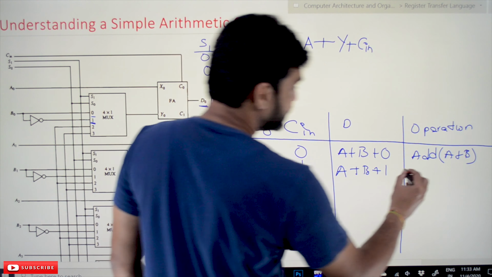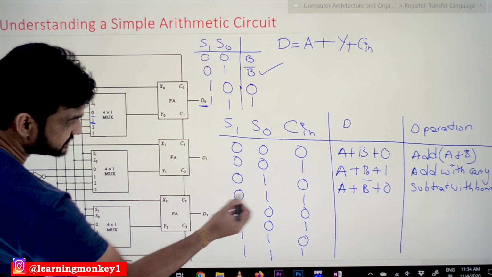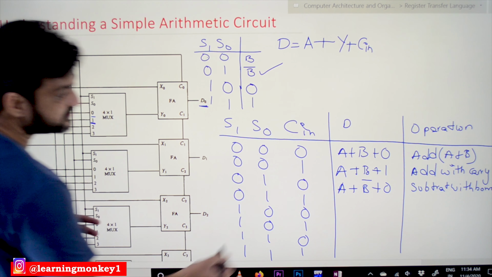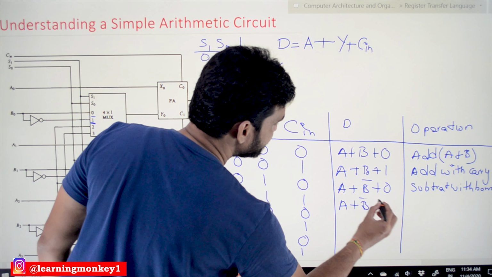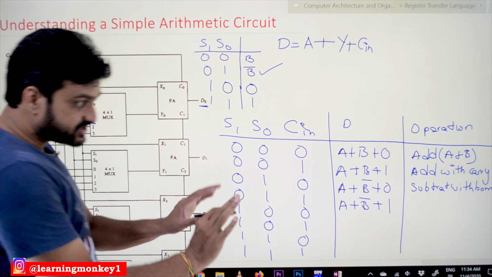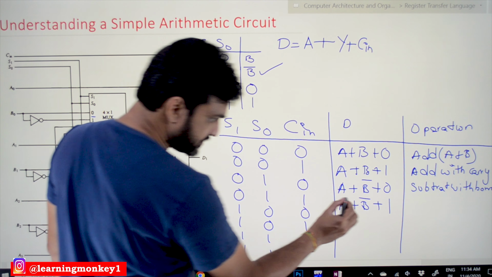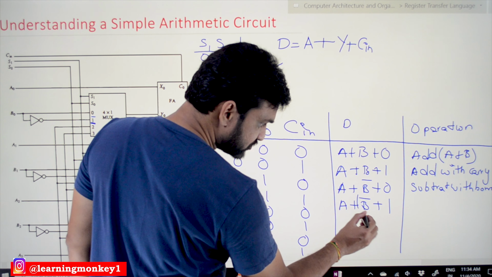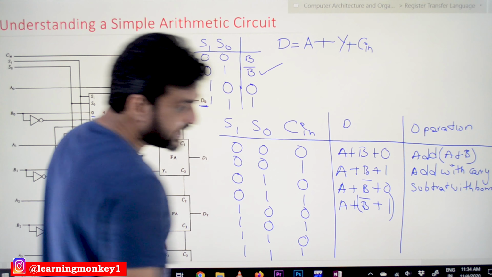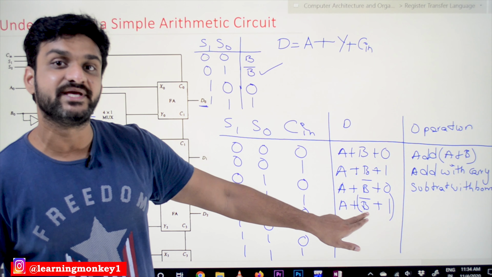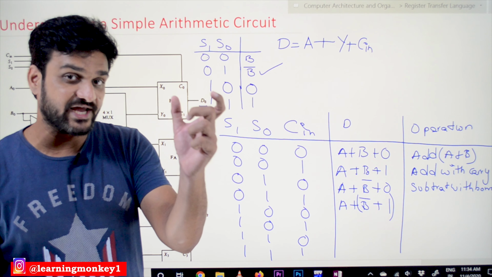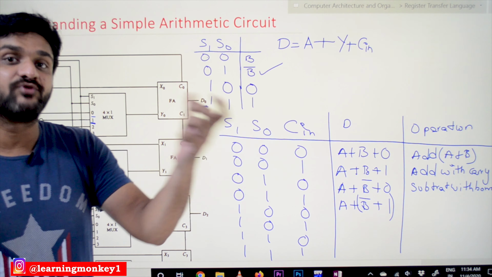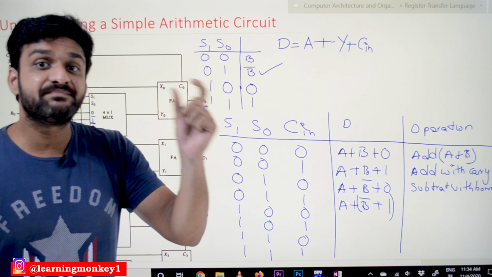Whenever S0, S1 is 0, 1 and the Cin is 1, what is it going to produce? It is going to be A plus B complement plus 1. This is an important point to understand. B complement plus 1 is the 2's complement of B. If you find the 2's complement, it is B bar plus 1.